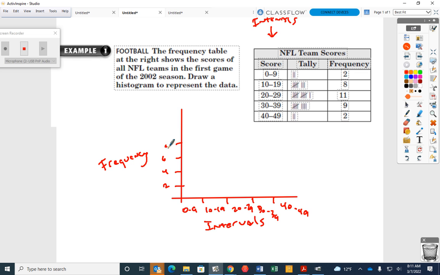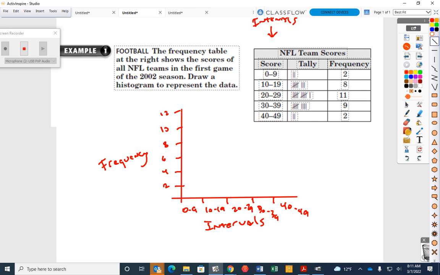Then 10, 12. I chose 2s because I can fit all of my data here, and I only have to go up to 12. If I had done 11, I'd have to make that display bigger.